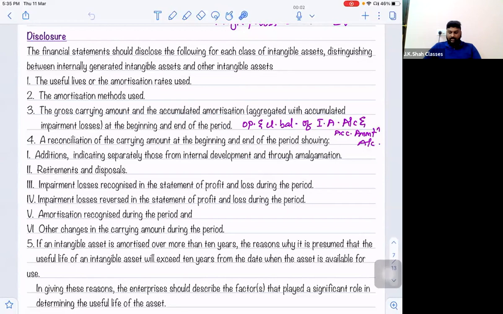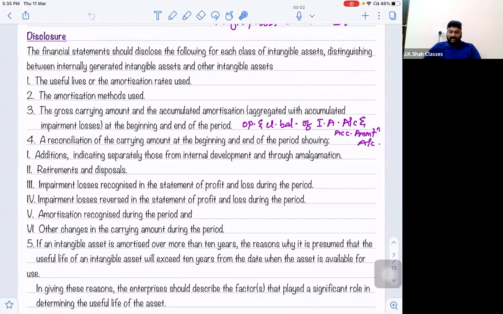Sir, it is nothing but opening and closing balance of the intangible asset account and the accumulated amortization account. And I think this same was also required in AS10. You have to give the opening and closing values of the assets as well as the depreciation, accumulated depreciation accounts. So here also the same point arises.